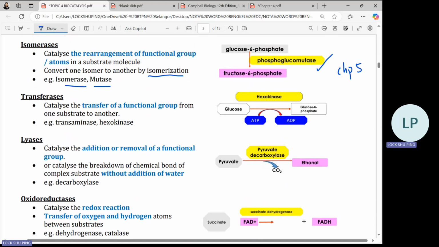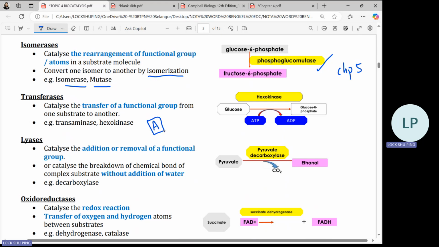Transferase, if you look at the explanation, is very similar to isomerase, but they are different. Transferase's function is to transfer a functional group from one molecule to another molecule.